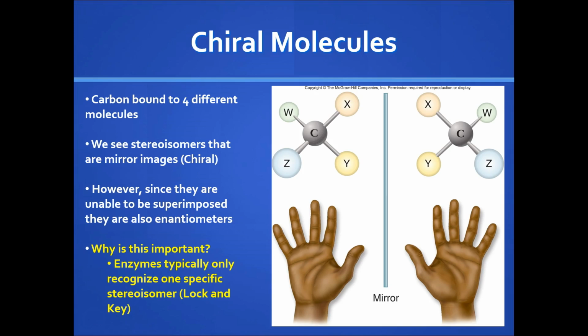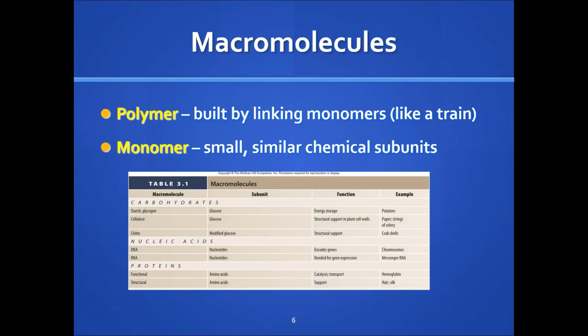And that's going to be incredibly important in what we consider to be the lock and key system of enzymes, where the reactant that it's looking for, the chemical molecule that it's looking for, must fit inside the enzyme just like a lock and key, where the reactant is the key, the enzyme is the lock, and if they don't match, then it's not going to open, or in this case, the enzyme is not going to be able to do the chemical reaction that it needs to do on it.